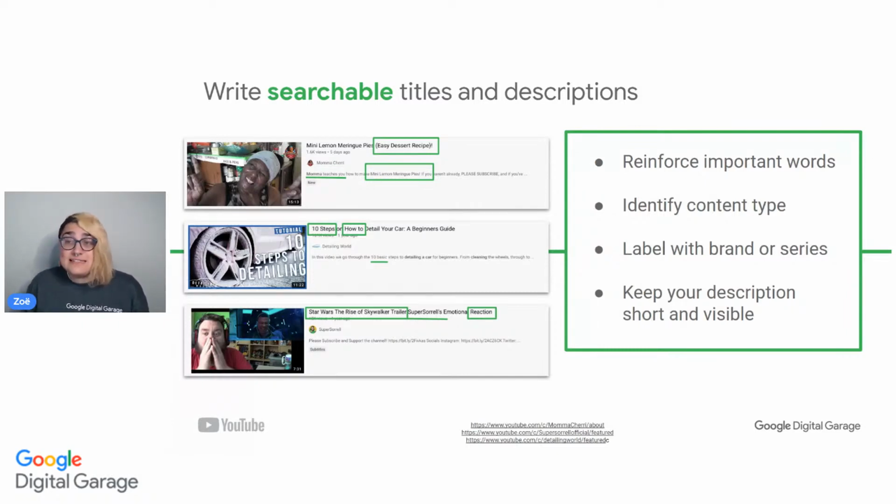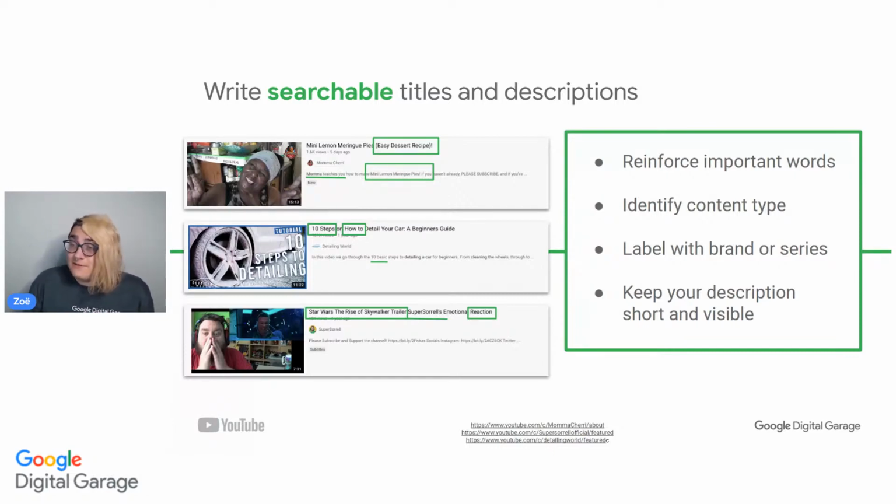We've also got easy dessert recipe in the title. Now that's relevant, isn't it? It's a description of what the video is. We're not just putting any old word in there. But we need to think that some people might not be searching for the specific recipe. They might be searching for something easy that they can make for dessert, in which case, easy dessert recipe is very searchable.